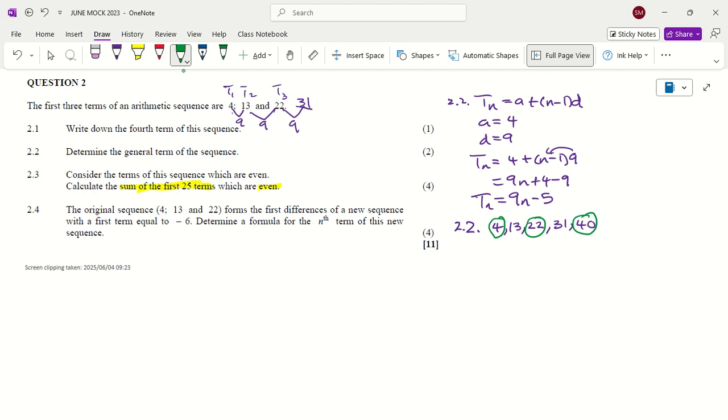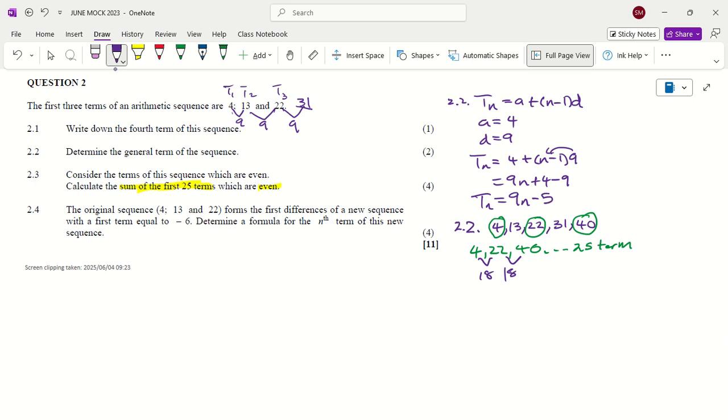So meaning we have a new sequence. We have 4, 22, 40, and it continues up until 25 terms. So in this sequence, we have to look for the difference. The difference here is 18, right?